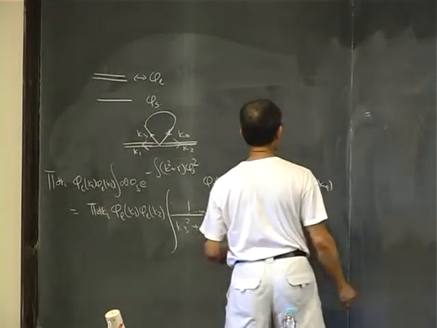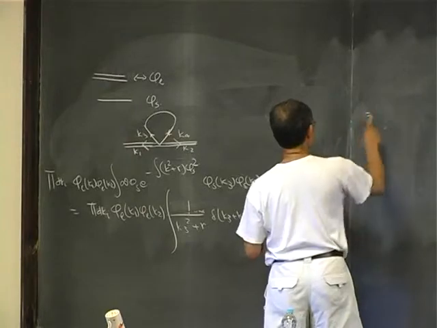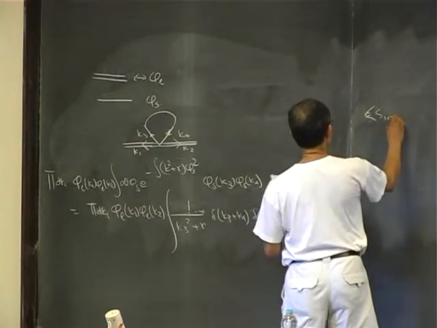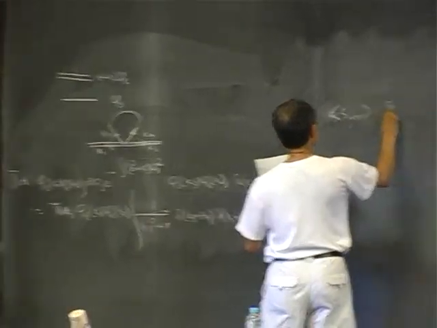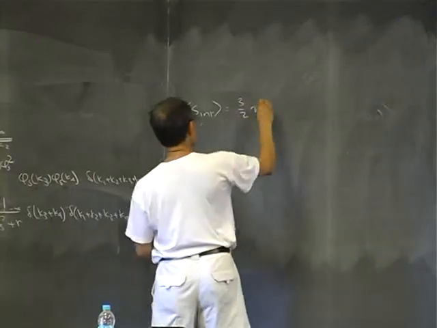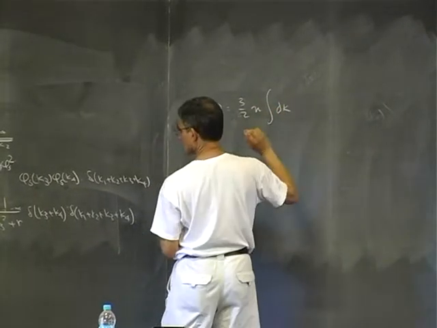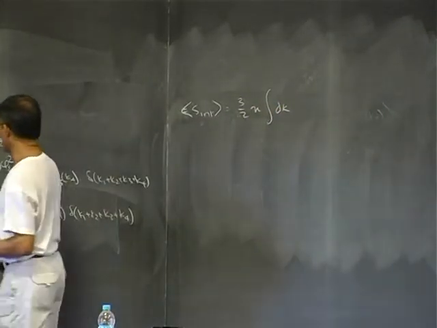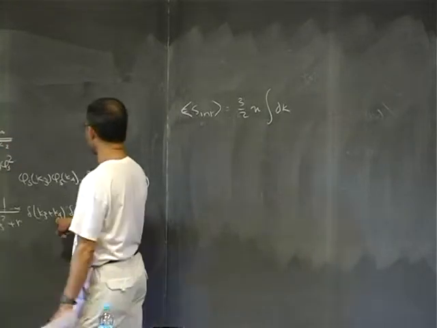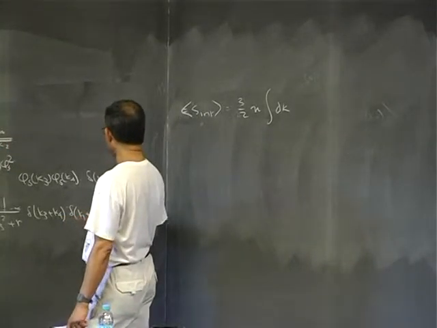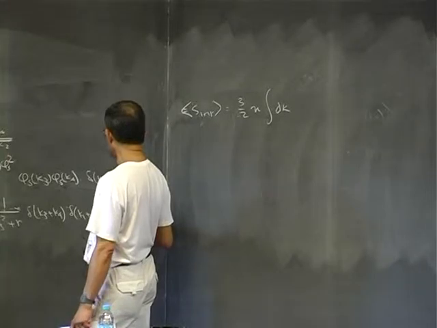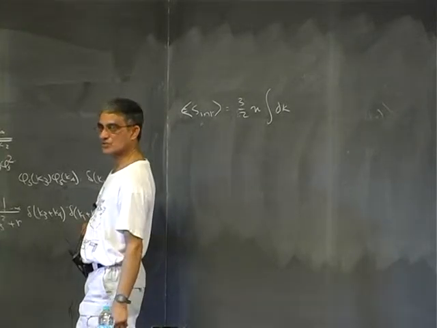With all the factors, everything, it turns out that S interaction, that's what we are calculating, is 3 by 2 U. See, K3 plus K4 is 0, and then K1 plus K2 plus K3 plus K4 is 0. Therefore, K1 plus K2 also has to be 0.